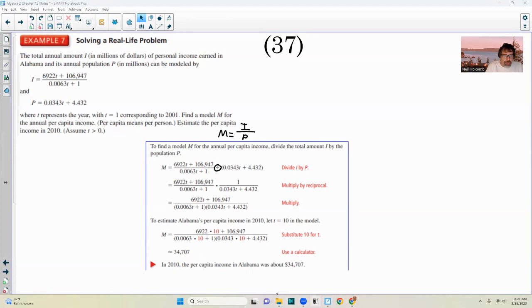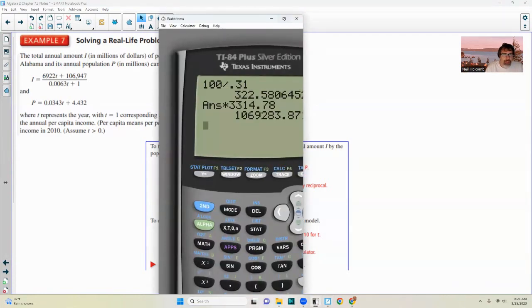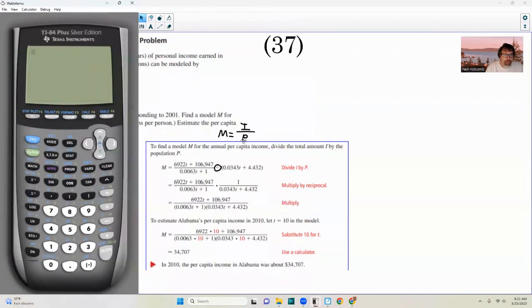Okay, so I'm going to take this one step further and open my calculator up, clear it, and I'm going to see what the per capita income is now. So in other words, all I have to do is put this into my calculator.